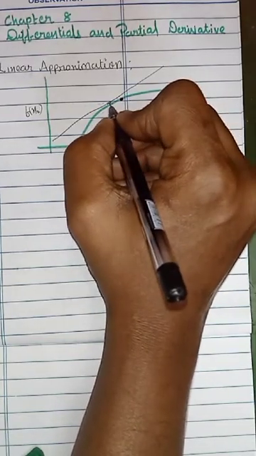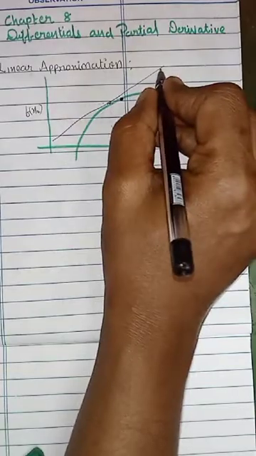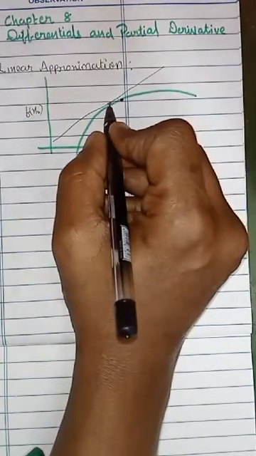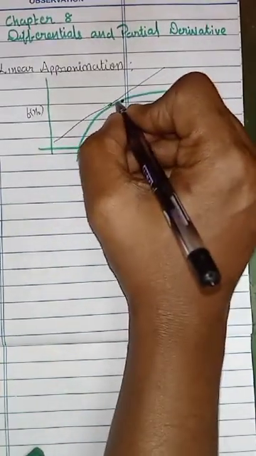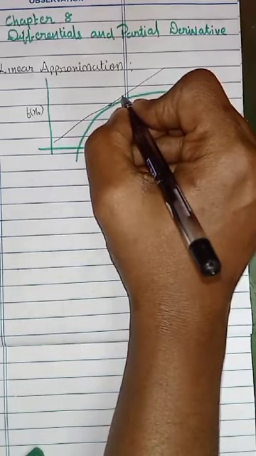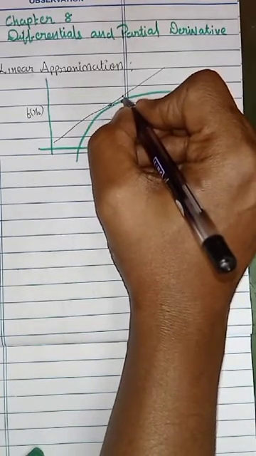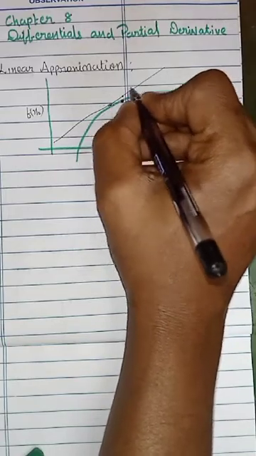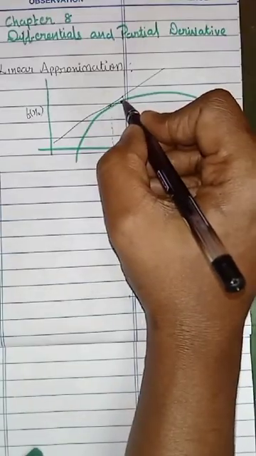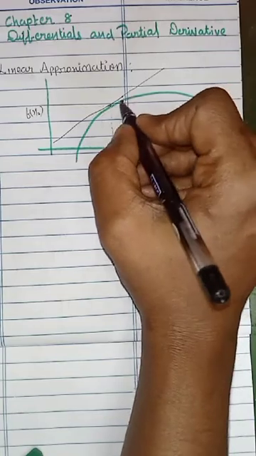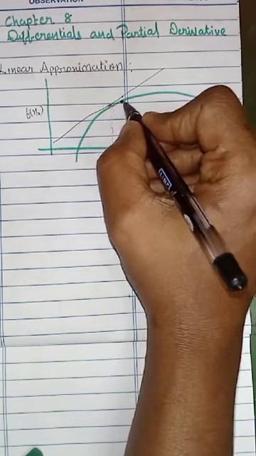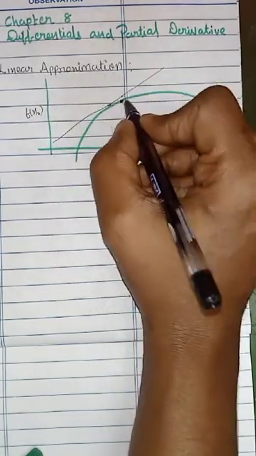So at another nearby point, we have a tangent. Using this tangent we can find this tangent line value, and it is easy to find the distance between these two points, the curve point and the tangent point. Look, it is a very small distance, correct? Finding this is your linear approximation.